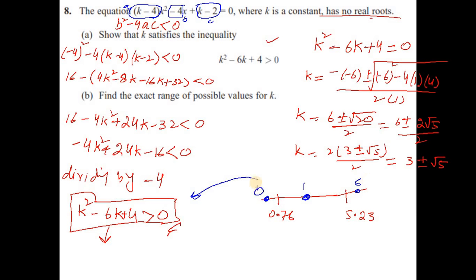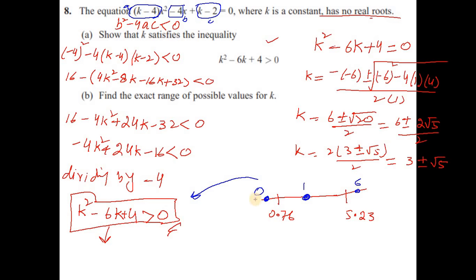So remember, if the inequality is true for the left interval, it should also be true for the right interval. Or if the inequality is true for the middle interval, it should be false for both the left and the right interval.